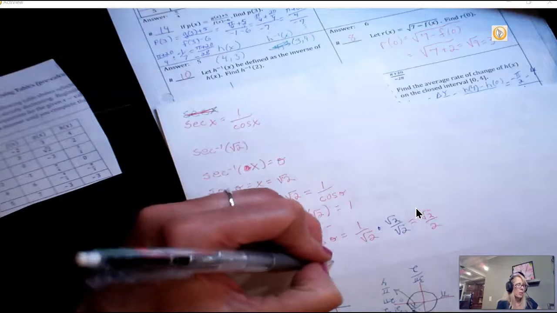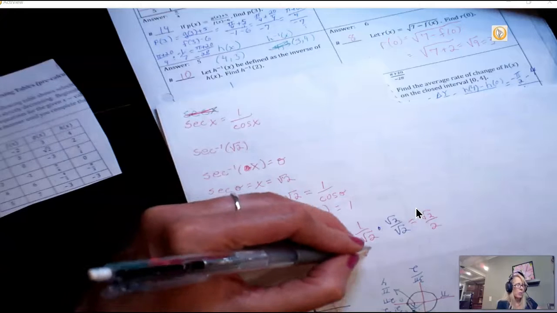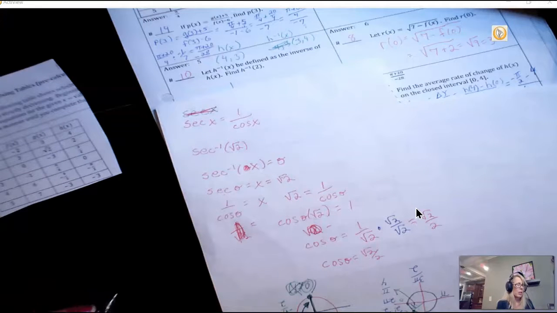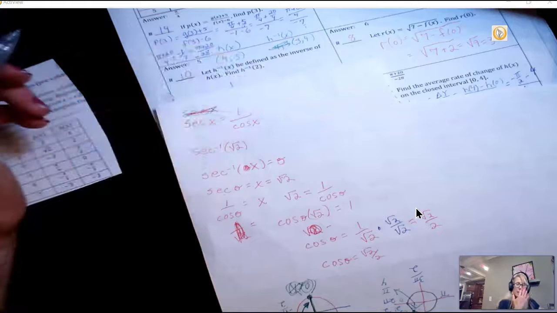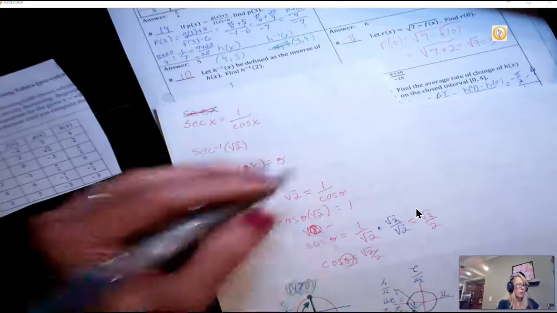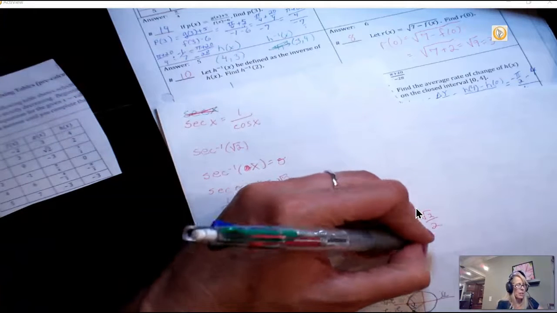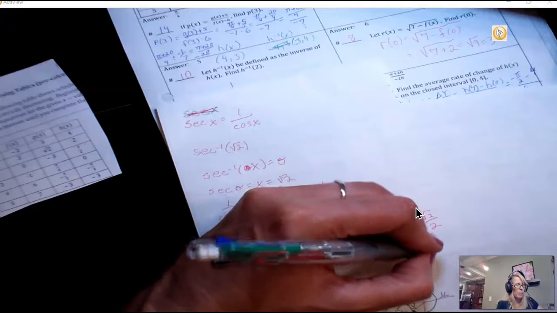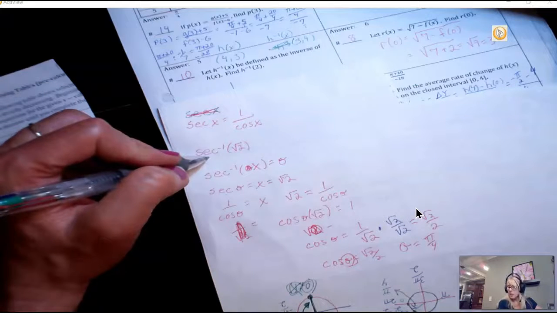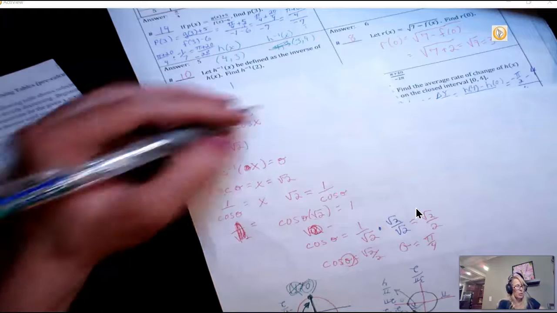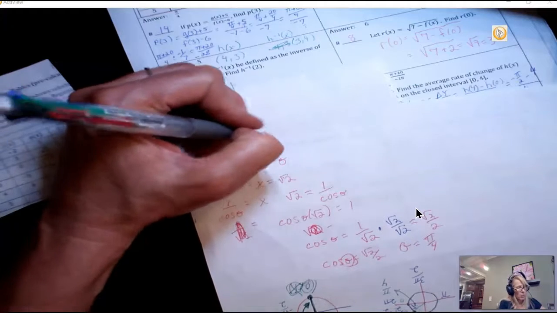Where is cosine of theta equal to square root of 2 over 2? Well, I'm hoping you remember that one because we just did it. It ends up giving you an angle measurement of pi over 4. So theta is pi over 4. What that means is the inverse secant of square root of 2 is pi over 4.